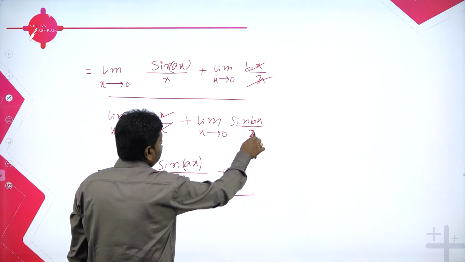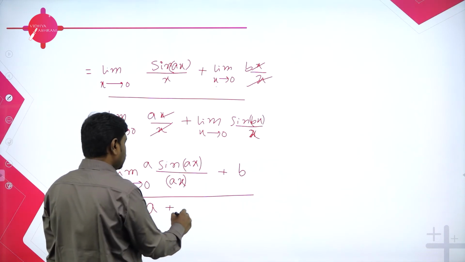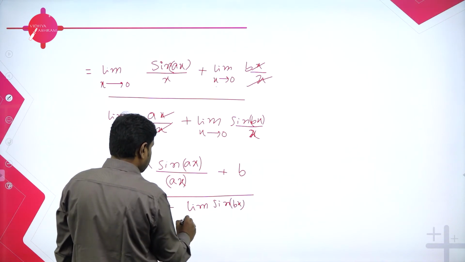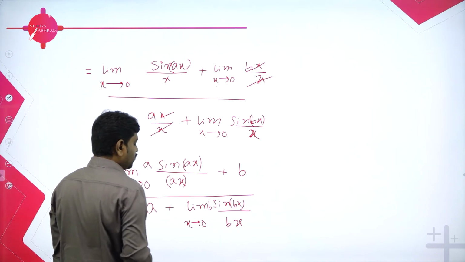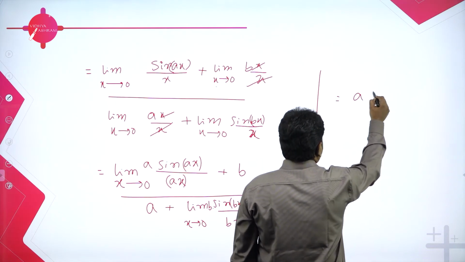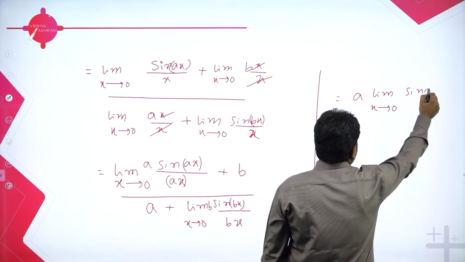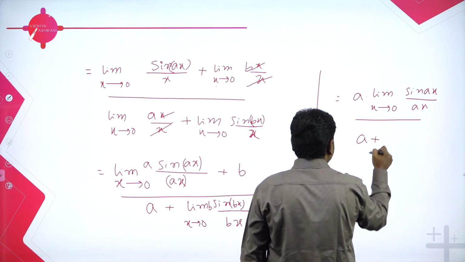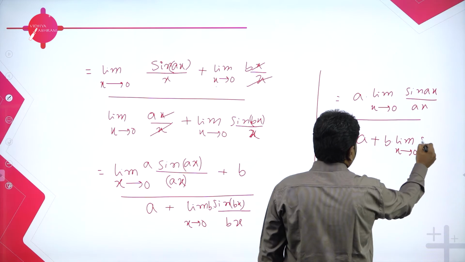Now in sin bx by x, the inside has bx but the denominator is x, so introduce b: limit x tends to 0, sin bx divided by x, divided and multiplied by b. Further simplifying, in the numerator a is taken out and the limit applies only to limit x tends to 0, sin ax divided by ax. In the denominator, this is a plus b, taking b out, limit x tends to 0, sin bx by bx.